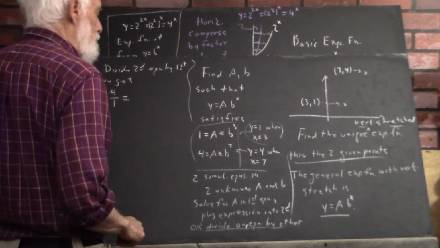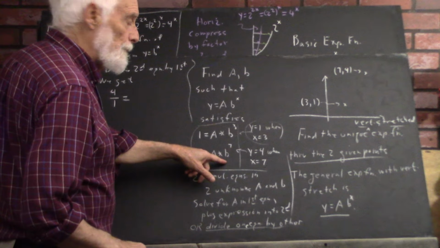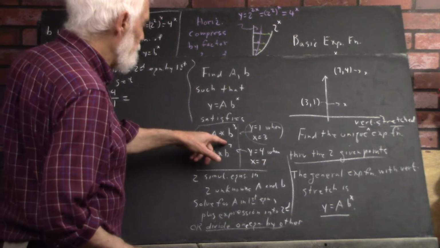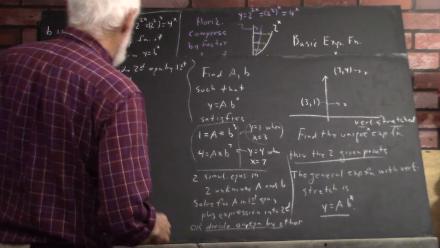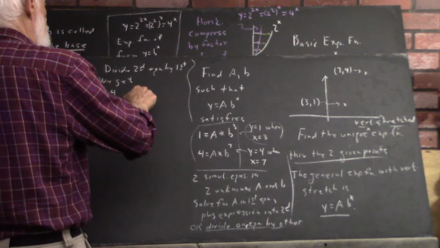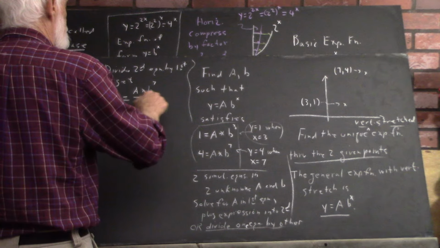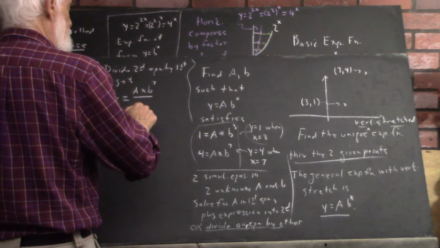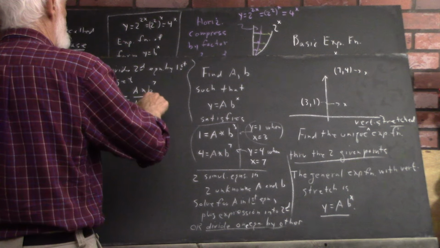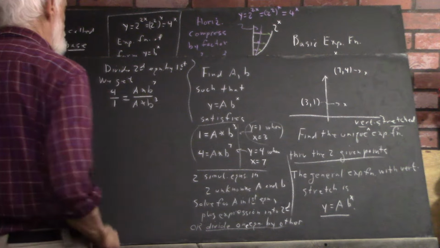And since 4 equals a times b to the 7th, and 1 equals a times b to the 3rd, that's the same as a times b to the 7th divided by a times b to the 3rd.